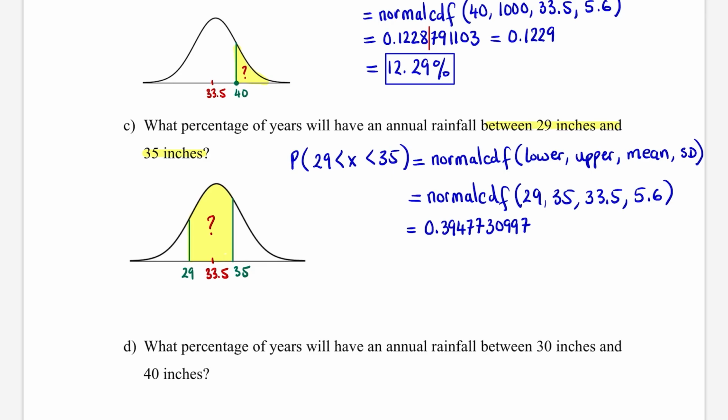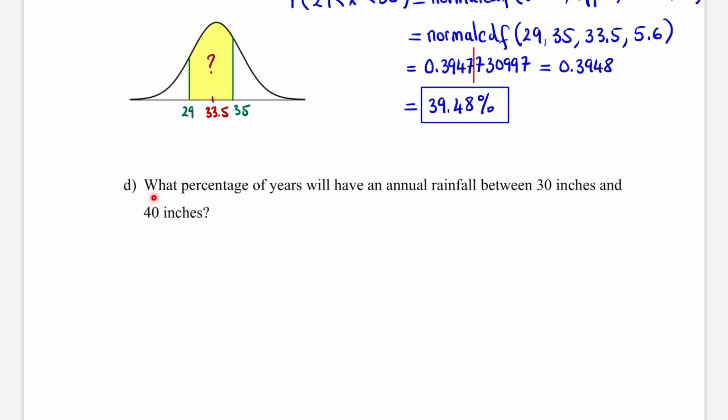And let's round to 4 decimal places. This digit is 7, so I round up to 0.3948. And I'll convert this into a percent. That is 39.48%. Again, the reason why I convert this into a percent is because they ask for a percentage.